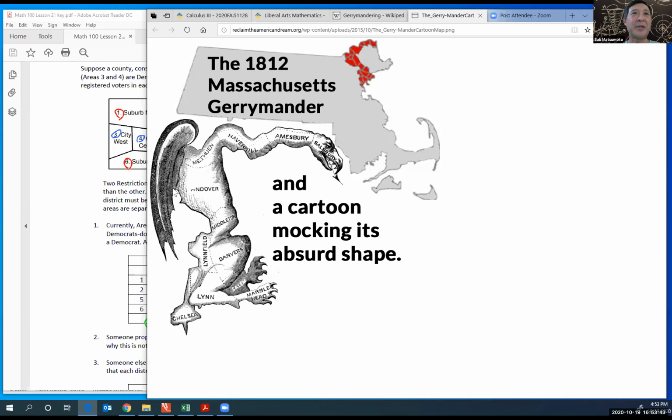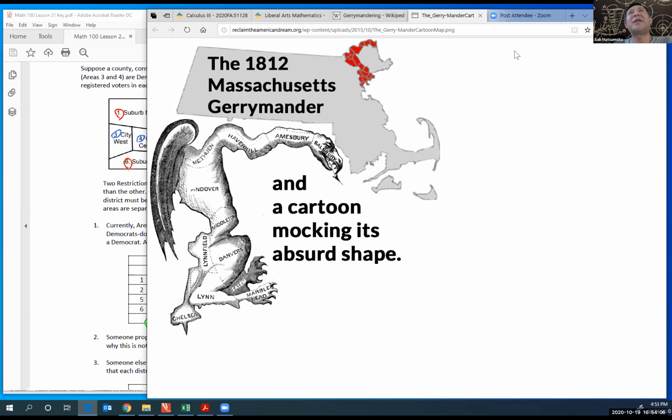They decided it looks like a salamander, and so they called this practice Gerry's salamander, or it should be Gary, but it's called gerrymander. This is the reason for the strange name of the practice.